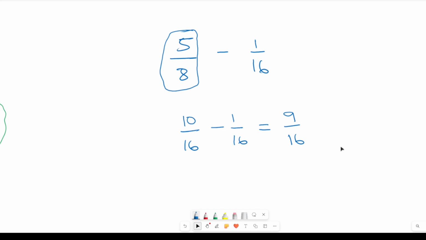How about when I'm given a fraction like this? Now, 4 is not a factor of 7, or 7 is not a multiple of 4. So we can't straight away do what we did before.